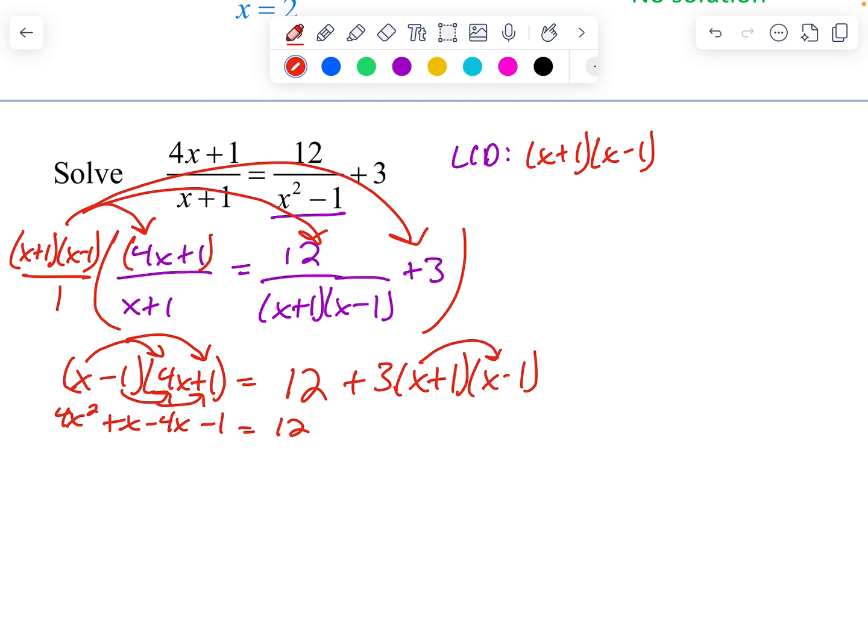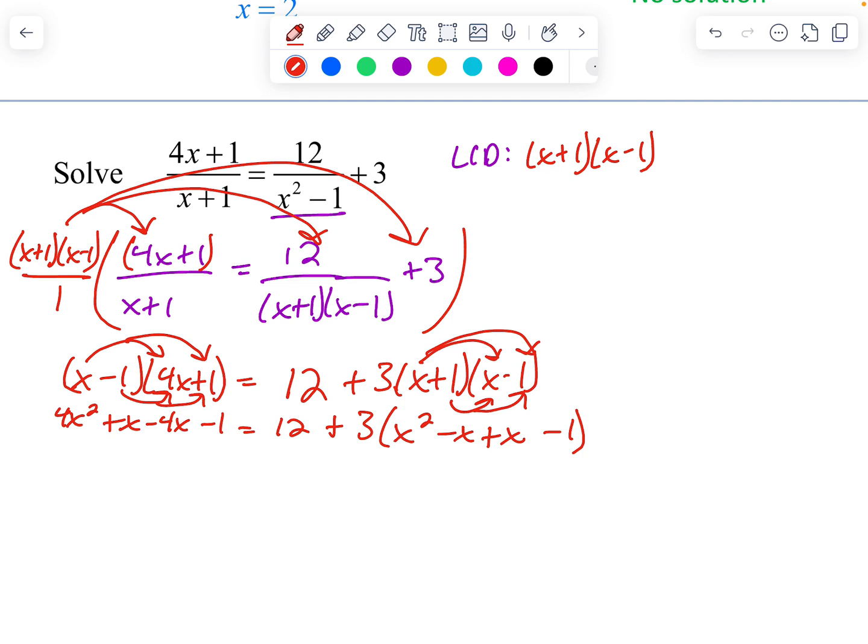So x times x is going to give me x squared. X times that negative 1 is going to give me negative 1x. 1 times x is going to give me a positive 1x. And then positive 1 times negative 1 is going to give me a negative 1.